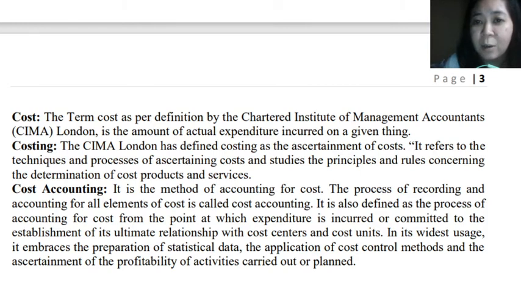And finally, cost accounting is the process of recording and accounting for the cost elements, as well as the preparation of the financial data related to the cost, application of the cost methods, and ascertaining or determining the profitability of a particular activity. Those are the three most common and important terms that you should understand in preparation for studying this subject.